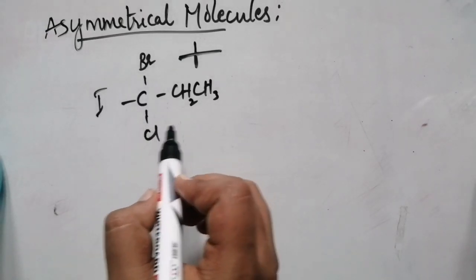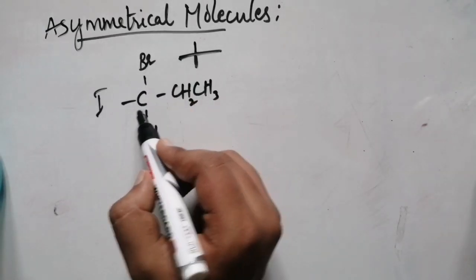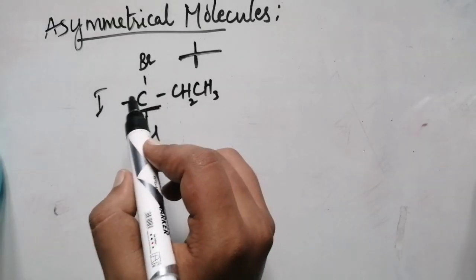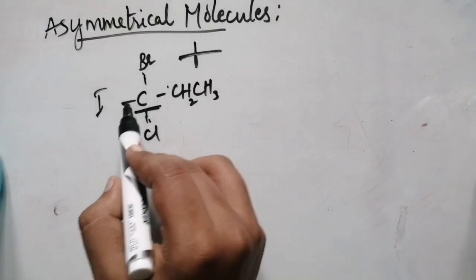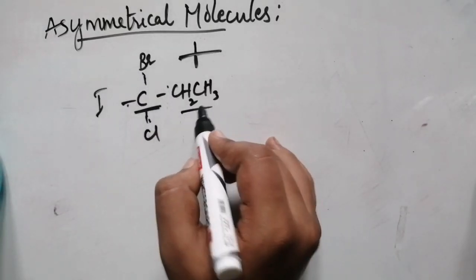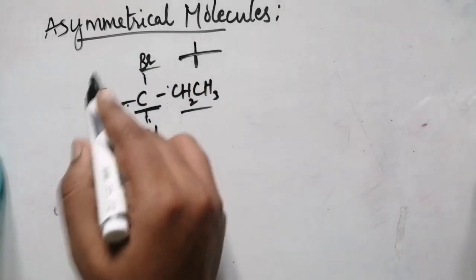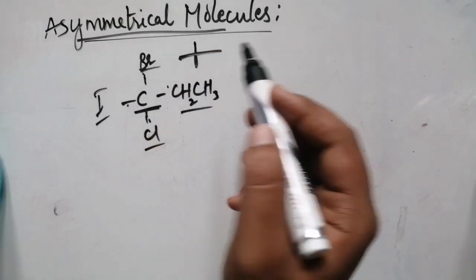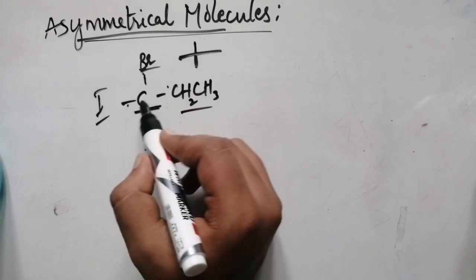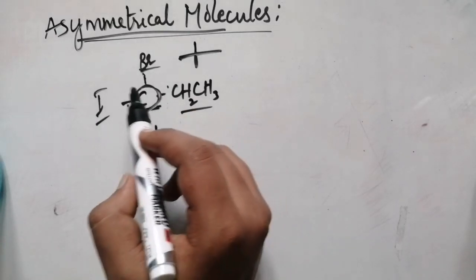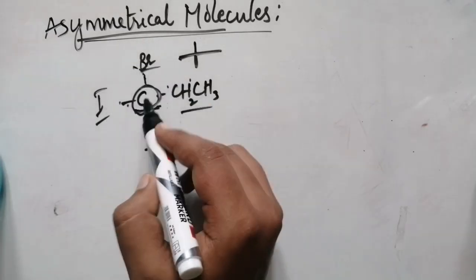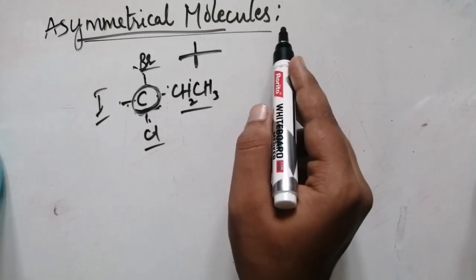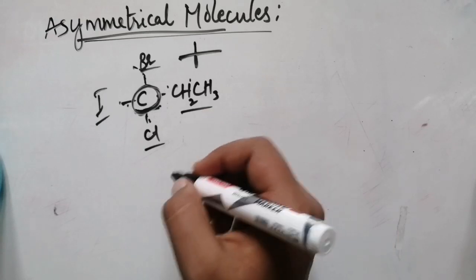A molecule which has an asymmetric carbon atom where all groups are different, it is an ethyl group, this is chlorine, this is iodine, this is bromine, is called an asymmetrical molecule. An asymmetrical molecule is a molecule which has an asymmetric carbon atom such that all the groups or atoms attached to the carbon are different.